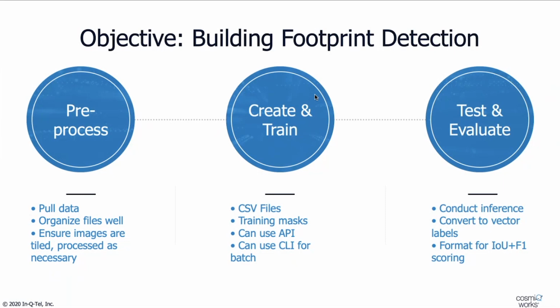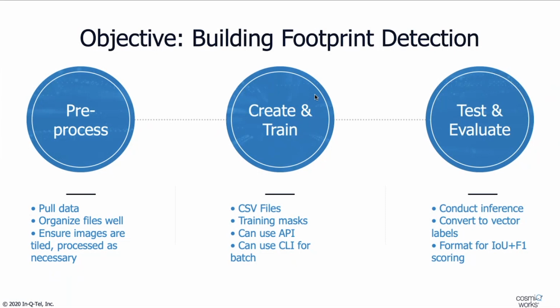The second pillar is creating and training our models themselves. In Solaris, this consists of the creation of CSV files so that Solaris knows where to pull images, masks, and labels from, and where to store its outputs, and training masks, which are the labels. We'll get into that in a bit. But the important thing to remember at this stage is that there are two main ways to go about using Solaris.